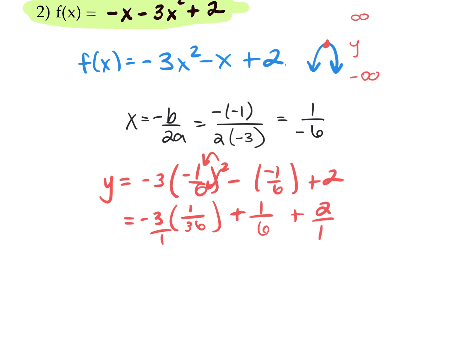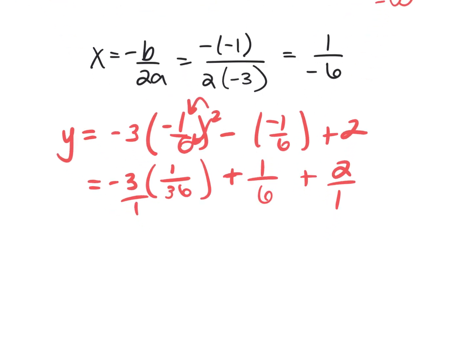If you guys want to go ahead and multiply, that's fine. But before you do, I would simplify a little bit. Can you simplify anything between negative 3 and 36? Yes. How many times does negative 3 go into 36? 3 goes into 3 once. 3 goes into 6 how many times? 2. So this is going to be 1 over 12, and it's going to be negative because it's negative 3.